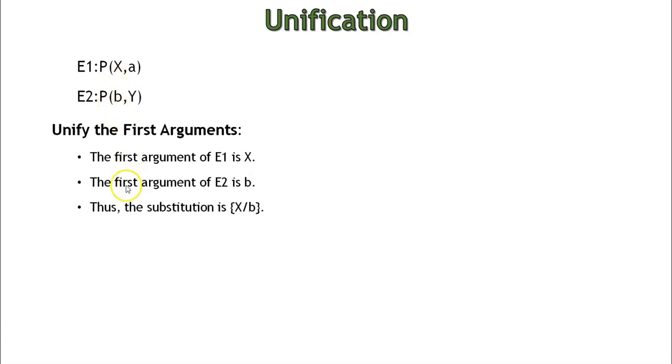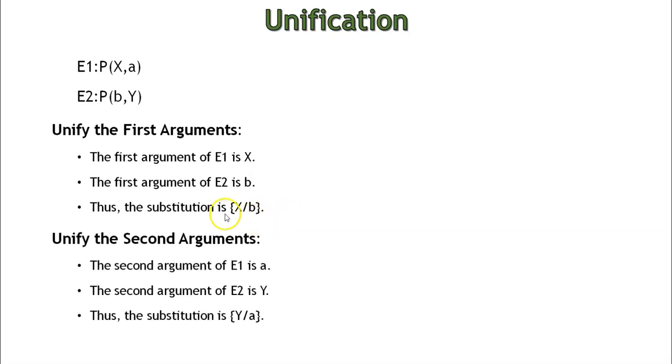So we need to find the substitution that makes x equal to b. Thus the substitution here is decided as x is substituted as b. That is what we have written as x slash b.